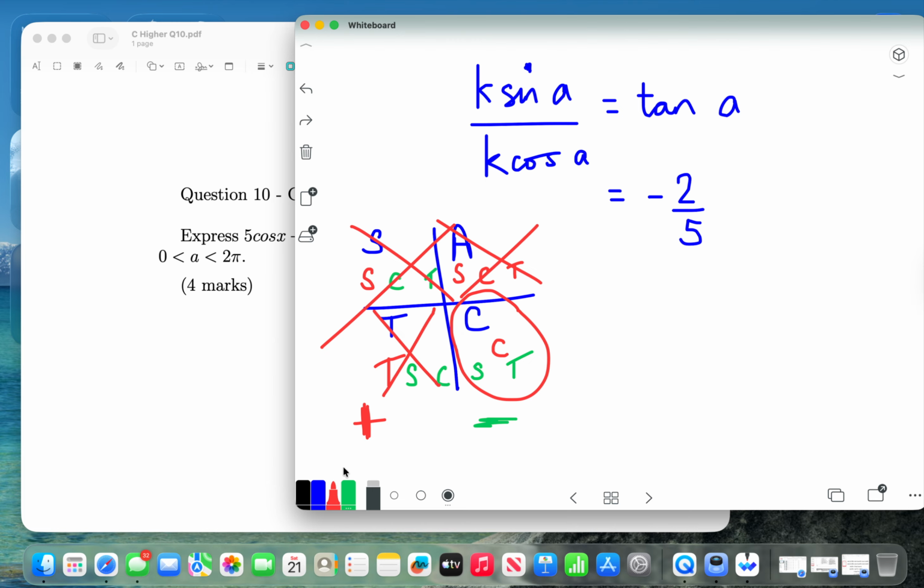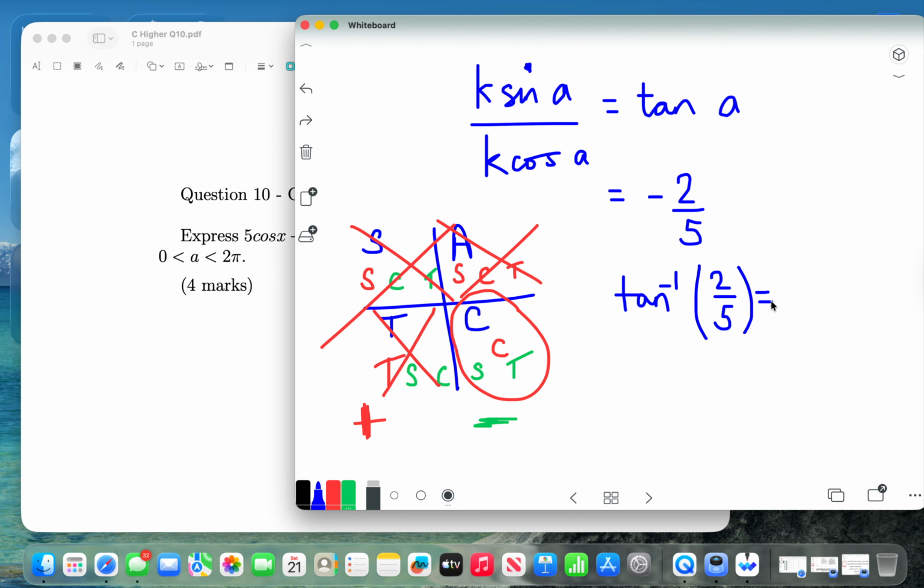What we then do is find the inverse tan of 2/5. We're working in radians in this question, so let's do the positive 2/5. You don't put minus 2/5 into the calculator.